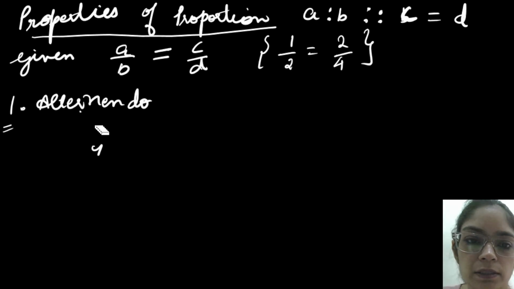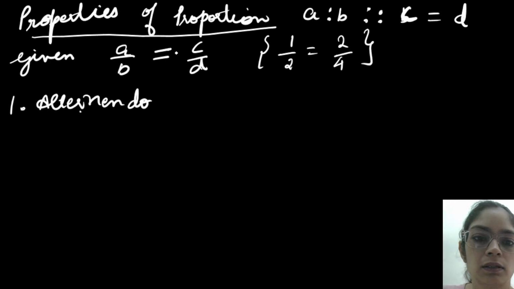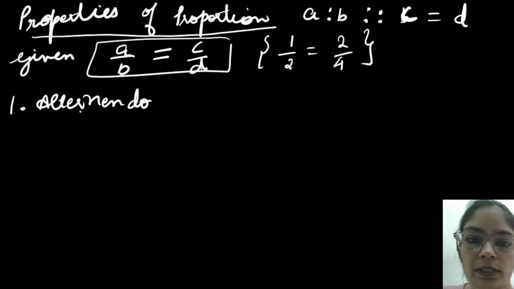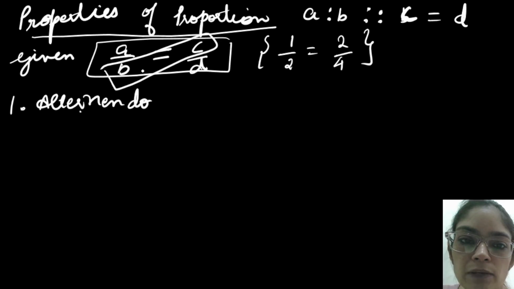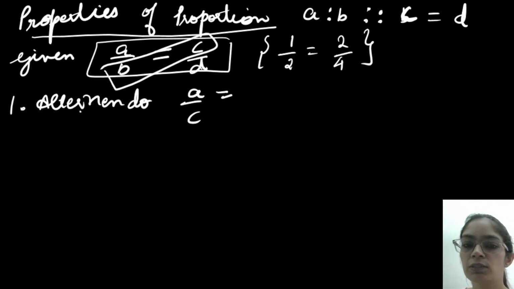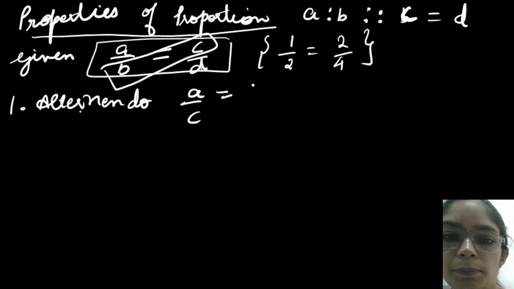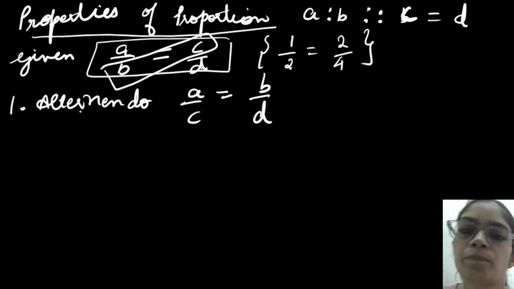In alternando property, B and C will get replaced. So if A by B is equals to C by D, then A by C will become equals to B by D. B and C's positions we are replacing. So this is the meaning of alternando. These two we can interchange, B and C we can interchange.